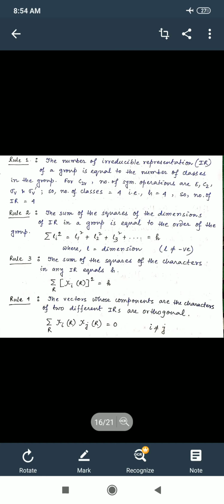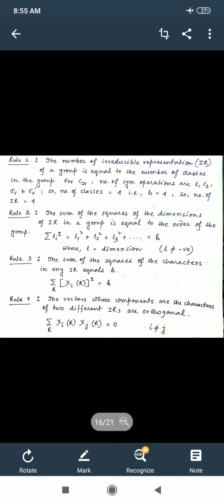For example, if we take the C2V point group, we can observe the symmetry operations E, C2Z, sigma xz and sigma yz. So the total number of classes is 4, because 4 symmetry operations are there. For the C2V point group, the order of the group is also 4, and the number of classes is also 4.